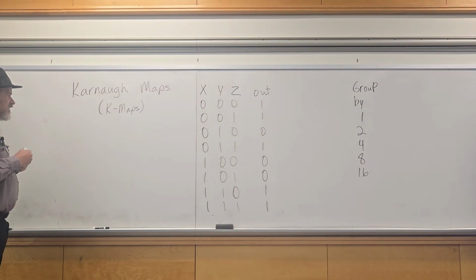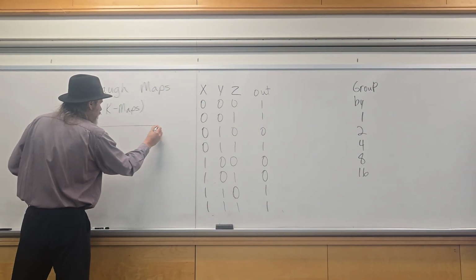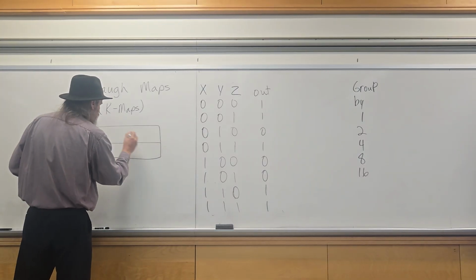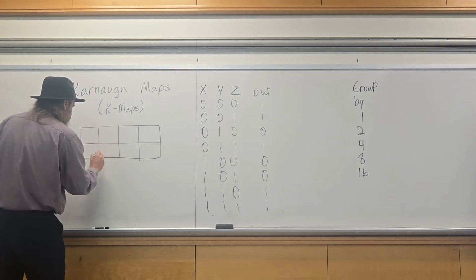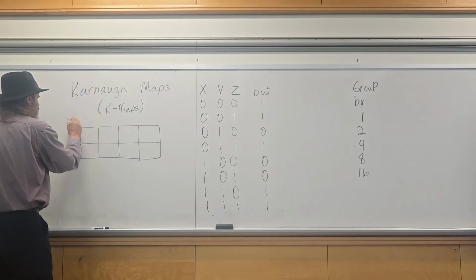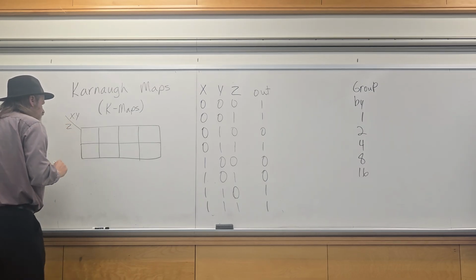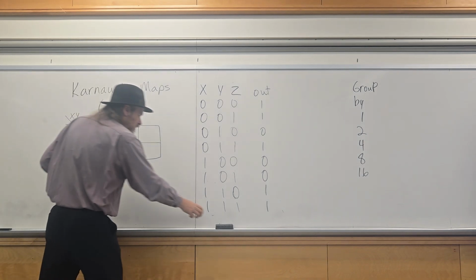So with 3 variables, you make a map with 8 squares, and do X, Y across the top and Z down the side.